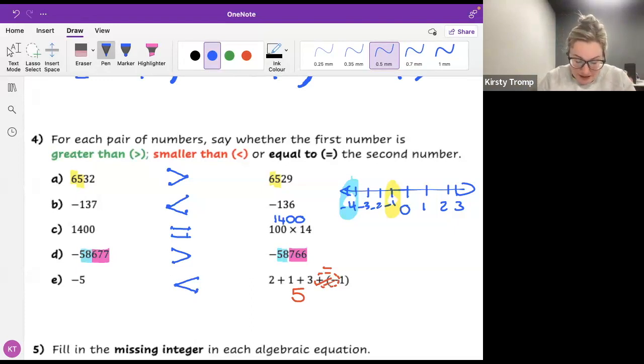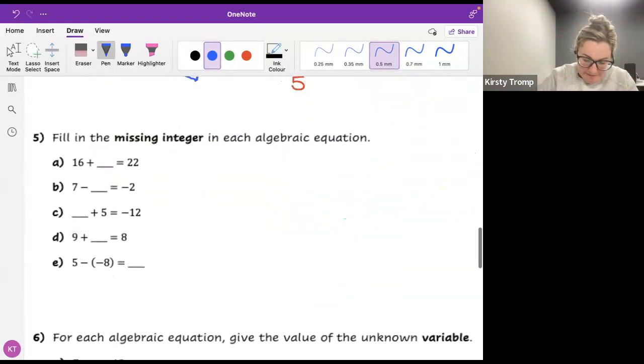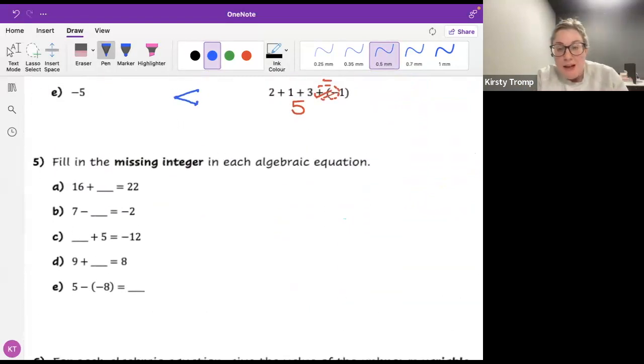Okay. Let us have a look at number 5. Number 5 says, fill in the missing integer. Remember, an integer can be positive or negative in the algebraic equation. So I'm going to do the first one with you. It says 16 plus what will give me 22?